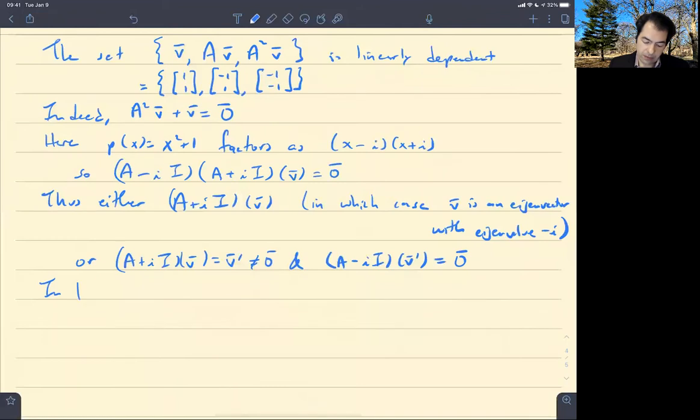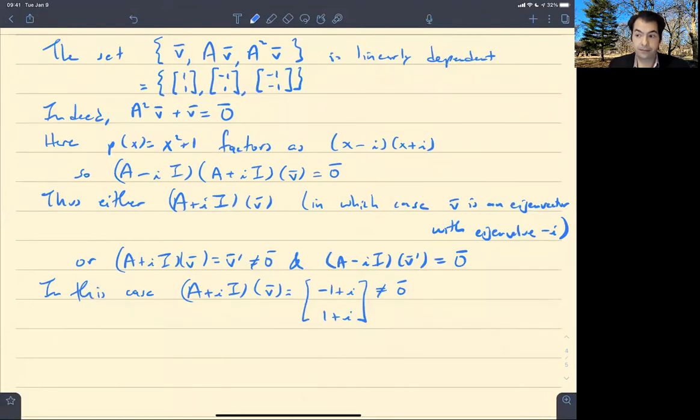Okay, in this case, (A plus i times the identity) applied to v gives you (minus 1 plus i, 1 plus i), and that's not equal to 0.